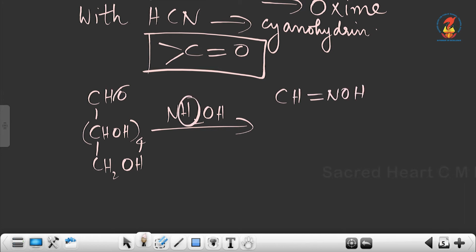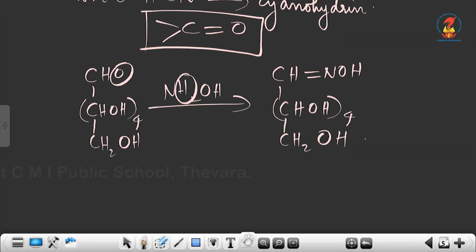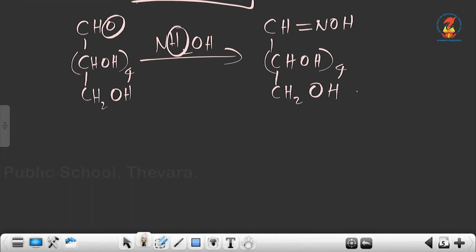This H2 and oxygen is removed and the double bond does not break, CH=NOH. The double bond comes from C=O. Now here there is no change, (CHOH)4 and CH2OH. This is our oxime.